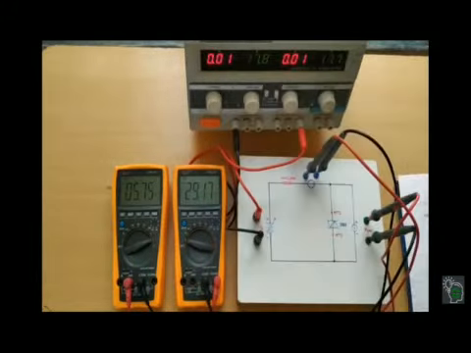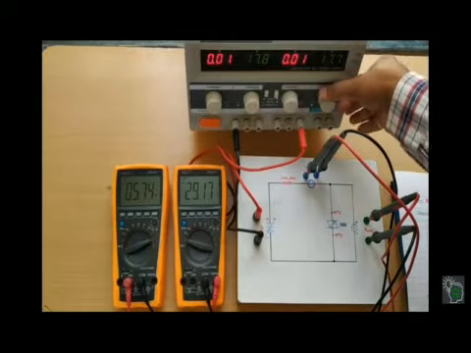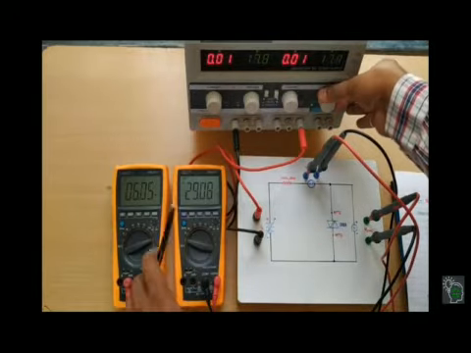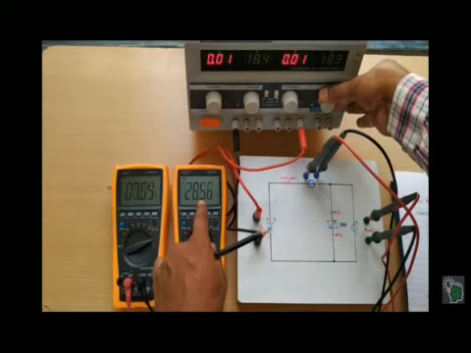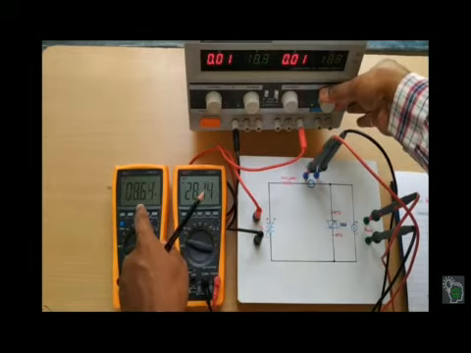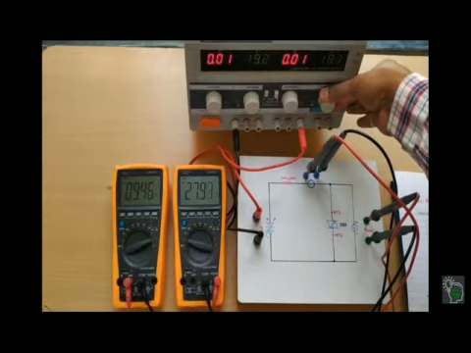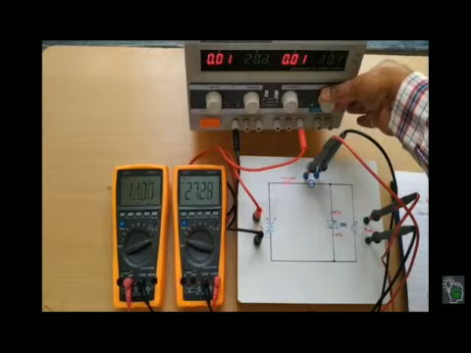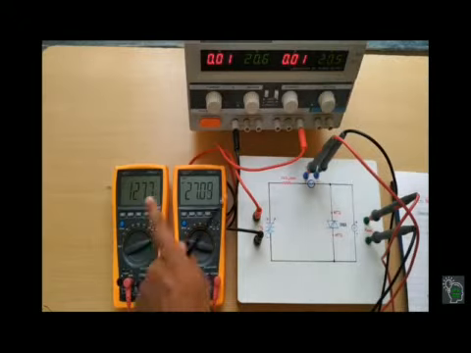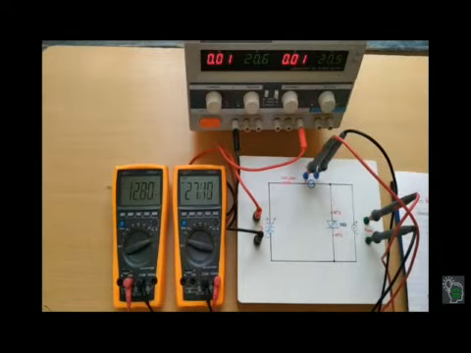Here we are taking 2-3 readings. Now our voltage is decreased and current increases. We are taking 27 volt.